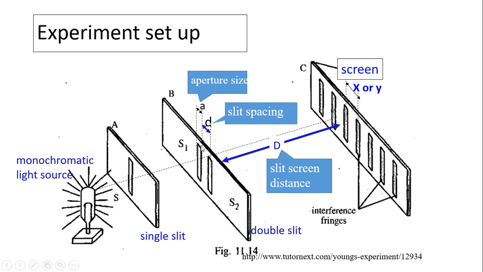The vertical one doesn't cause diffraction, so the vertical one is still constant. That's why we see the horizontal. This side is called diffraction only. Then you go through either the X or Y one, either one, on the screen.